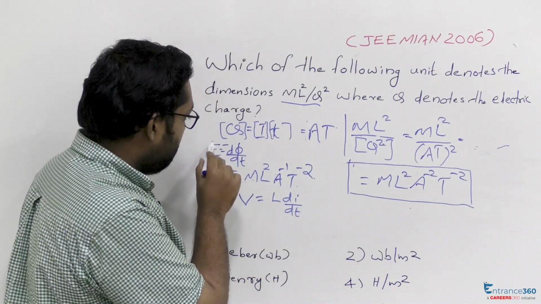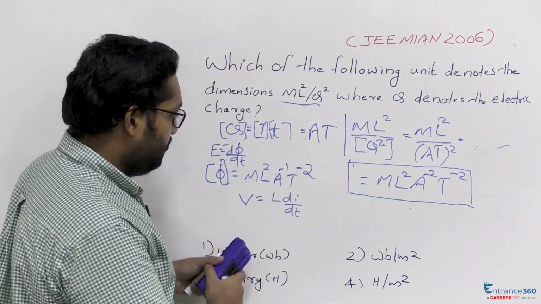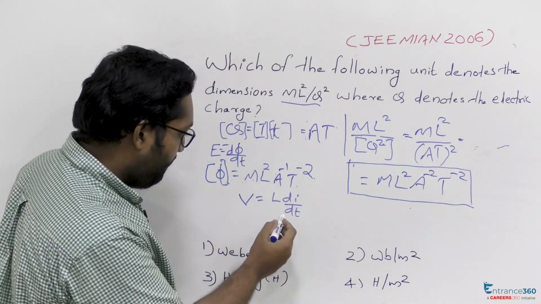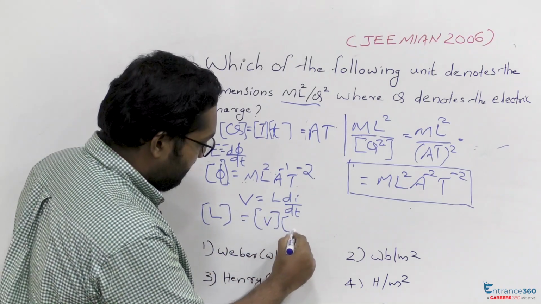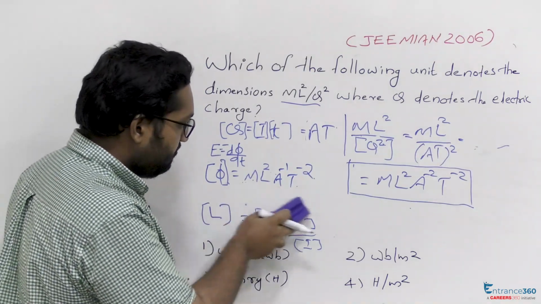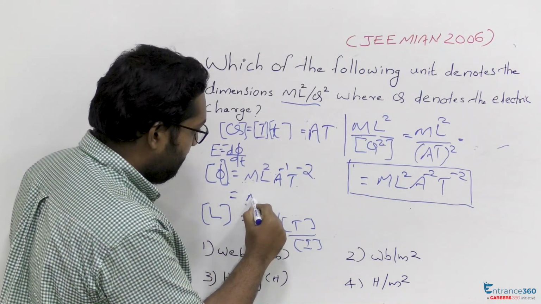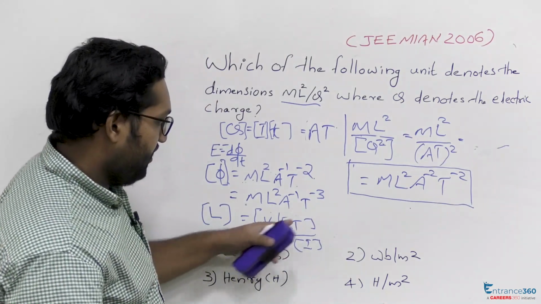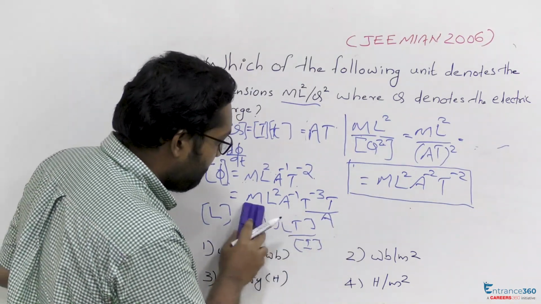We already told the dimension of EMF as M L square A raised to minus 1 T raised to minus 3. So the dimension of L will be the dimension of voltage into the dimension of time divided by the dimension of current, which is M L square A raised to minus 1 T raised to minus 3 into T, divided by A.